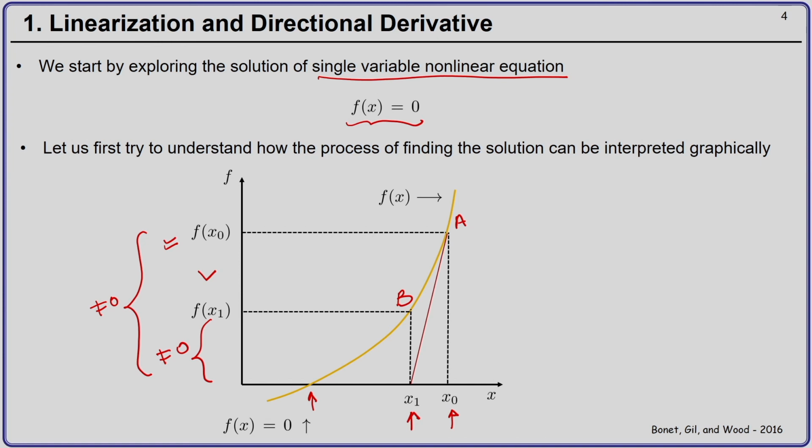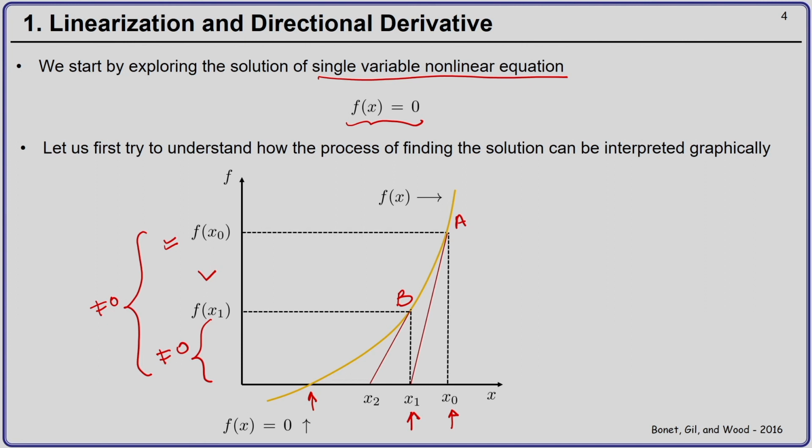Now, again at point B we make a tangent, and knowing the slope of the red line and the coordinates of point B, we can compute the intersection of the red line with the x axis. Let us say it cuts at x equal to x 2.